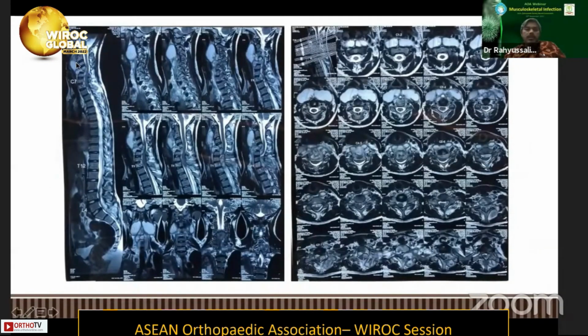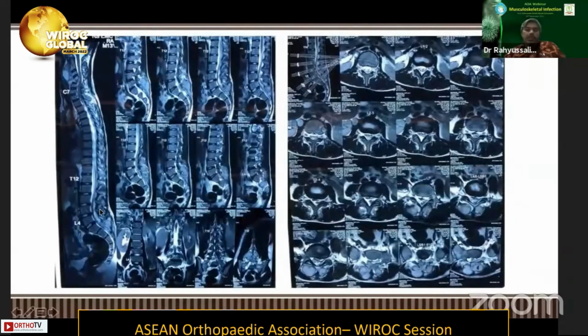You can see destruction at C5, and you can see an abscess at the level of C1 to C4. And if you look at the lumbar area, you can also see the infection at L4. We can see here the abscess.